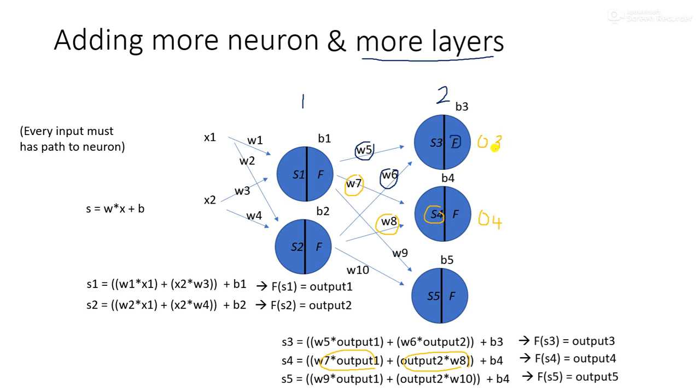And the same thing for S5. You have W9 multiplied by output 1, and W10 multiplied by output 2, and plus B5.